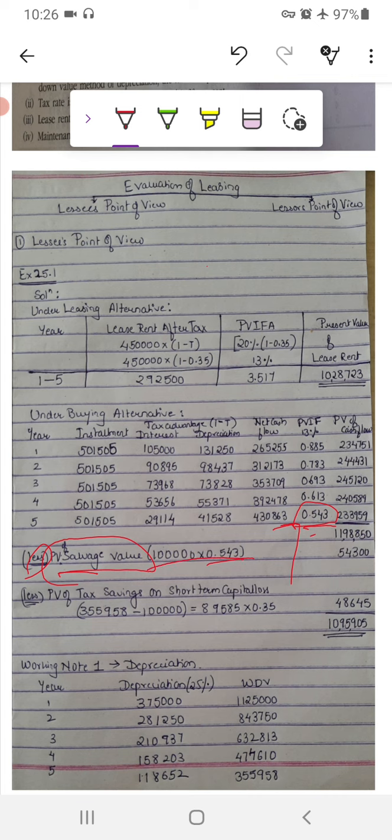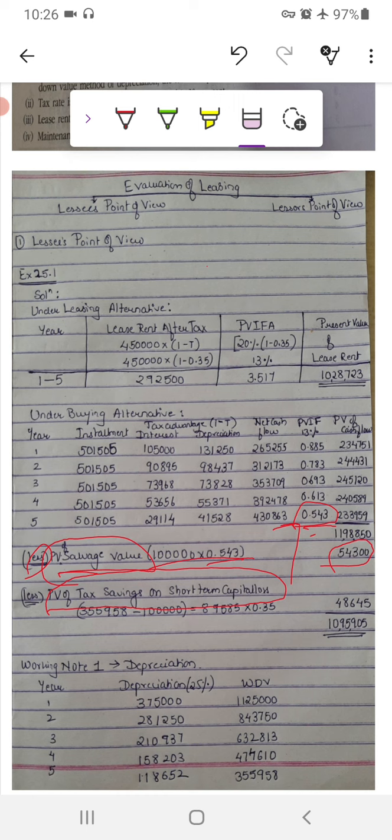So 1 lakh into 0.543 gives us 54,300. Okay, we have to deduct that, and then lastly we have to calculate the present value of tax savings on short-term capital loss.